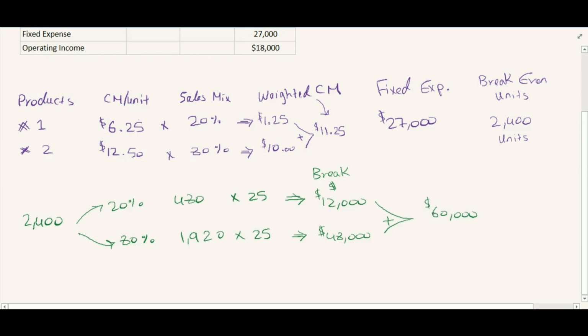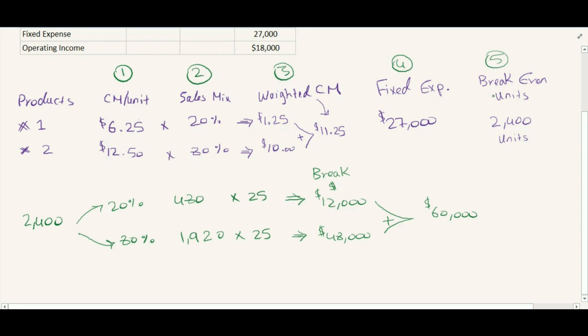This is how you can calculate the break-even point in terms of units or in selling dollars for a multi-product company. So first step, get the CM per unit. Second step, get the sales mix. Third, calculate the weighted CM. Then get the fixed expenses, and when you divide it by the weighted CM, it will give you the break-even units.